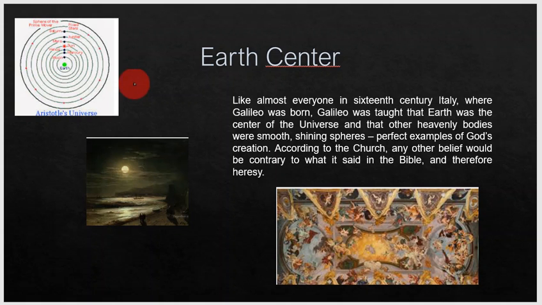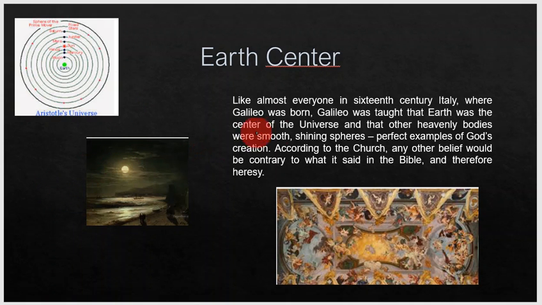The other thing they talked about was the heavenly spheres. When we talk about heavenly bodies, we're talking about the moon and the sun, for example. People looked at the moon and said it's a perfect sphere, and this again highlights how perfect God is, and how perfect the Bible is, and how perfect creation is.